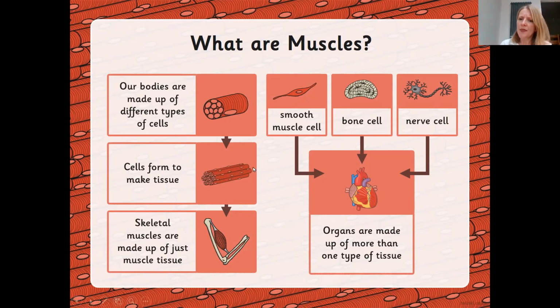Now, other parts of your body are made up of different types of cell. So something like your heart, which is an organ in your body, is made up of lots of different cells. Some of your heart is made up of muscle, but there are also nerve cells and other cells in there as well. But your skeletal muscle, the muscle that's attached to your skeleton, is just made up of muscle cells and tissue.